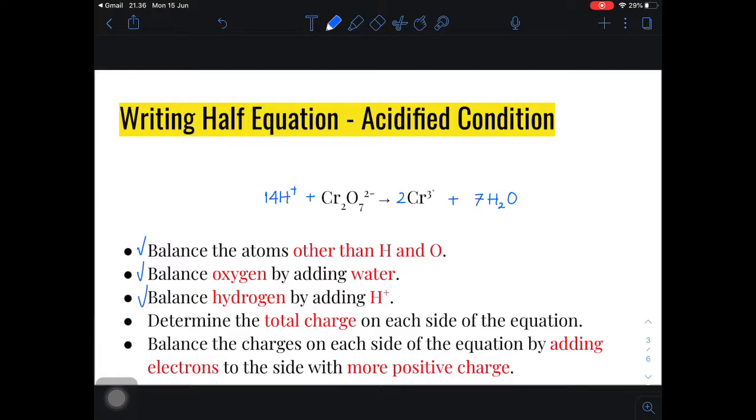Now let's go to the fourth step, that is determine the total charge on each side of the equation. On the left here we have 14 positive and 2 negative, so the total charge is positive 12.